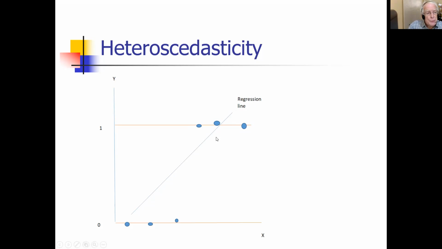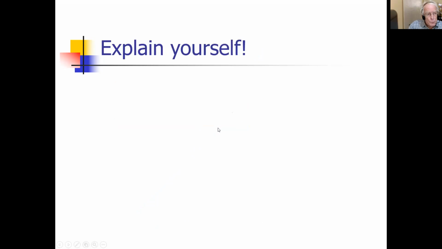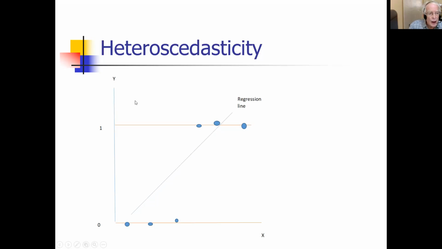So here is our predicted value given that value of x, and here is the actual value. The difference is very small, and so the errors are small as well. Now look at the other extreme for the regression line.